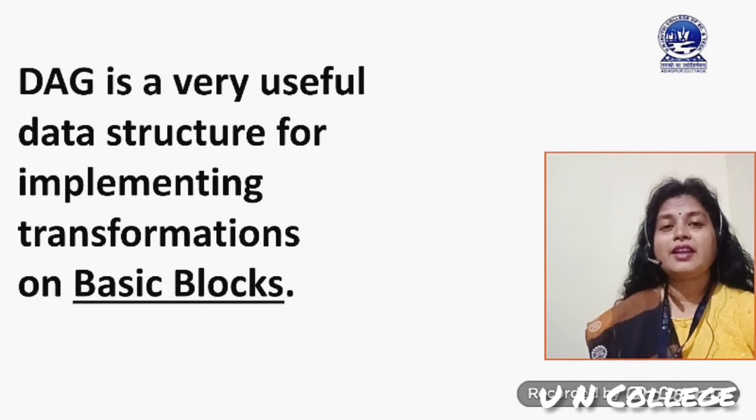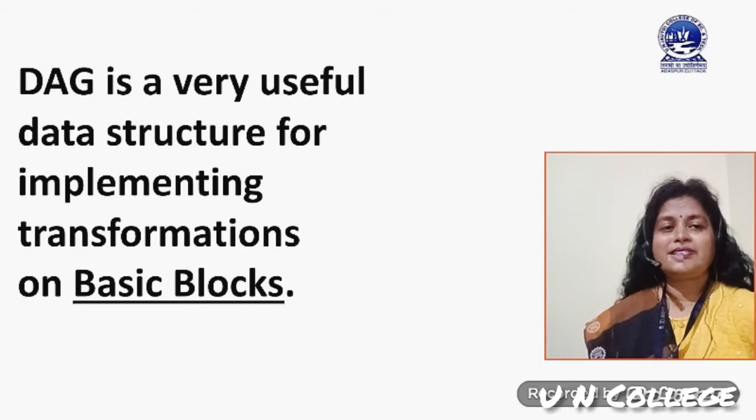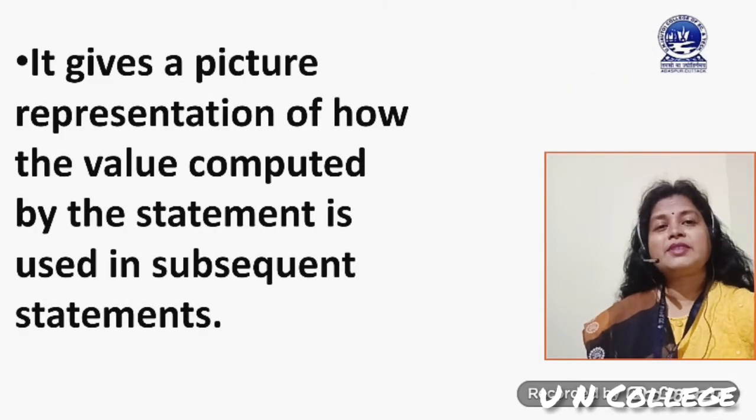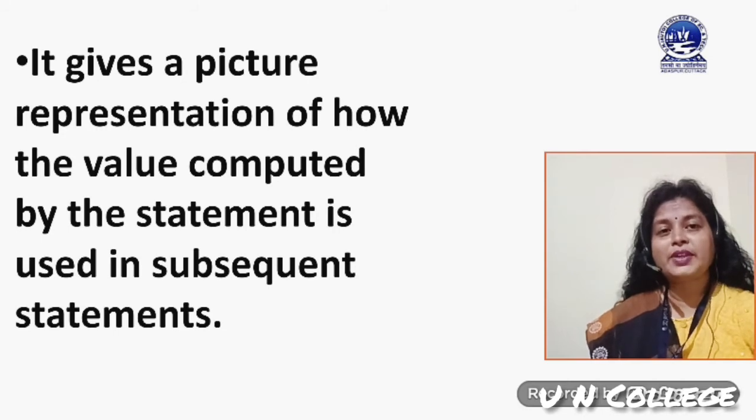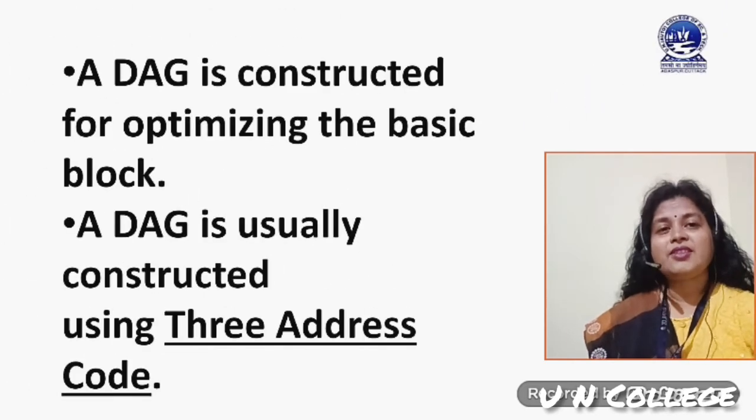Here we are learning about code optimization, and in intermediate code generation the segment is divided into a number of basic blocks, and DAG is used for transforming or optimizing basic blocks. It gives a pictorial representation of how the value computed by a statement is used in subsequent statements. A DAG is constructed for optimizing the basic block.